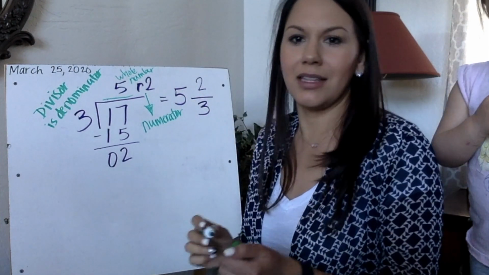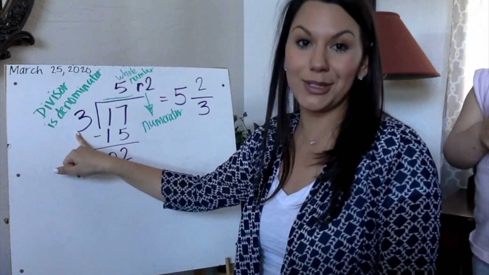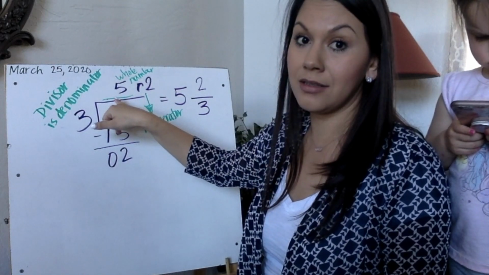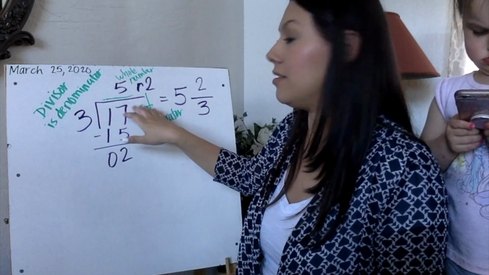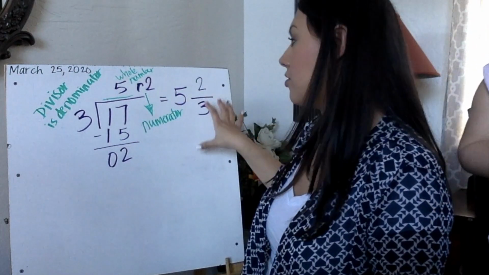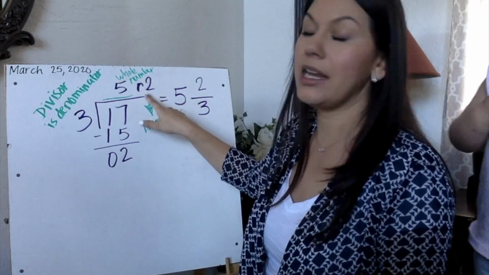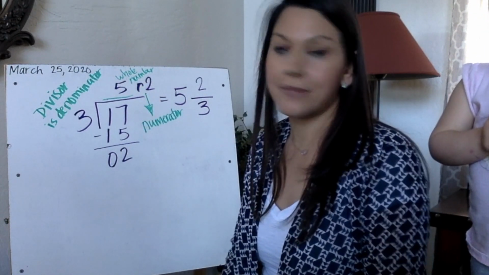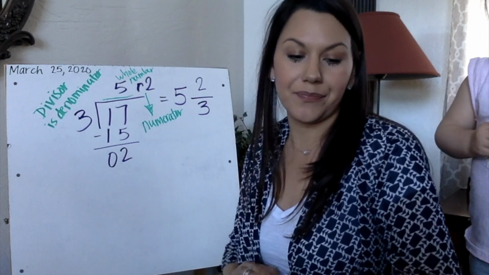Okay? Whew, that's a lot of stuff going on. Divisor is also your denominator. Your quotient is going to be part of your fraction. You're not doing anything with the dividend as far as the fraction goes, okay? Our whole number here, anything that is remaining is going to be our numerator. Let me erase this and then we'll do another one.